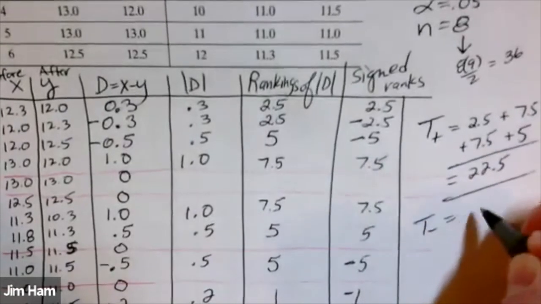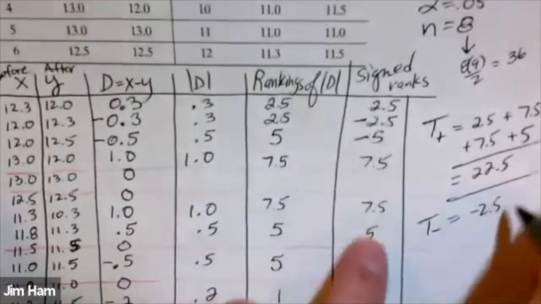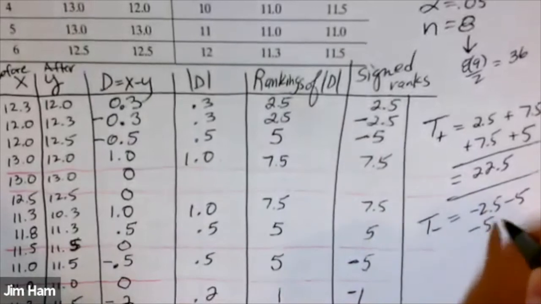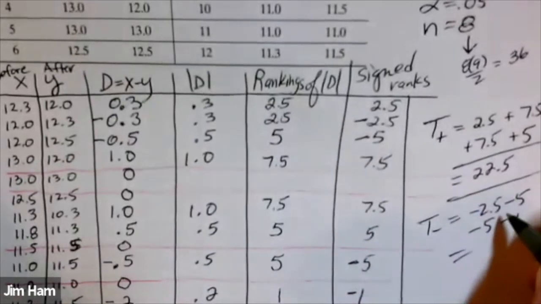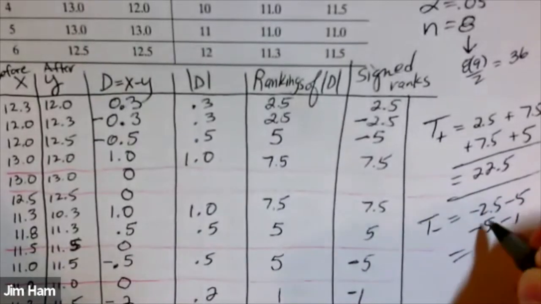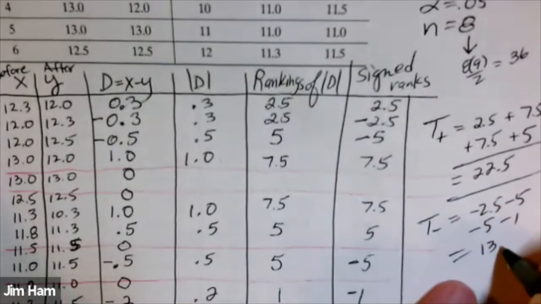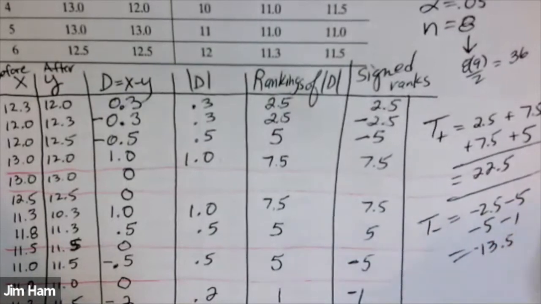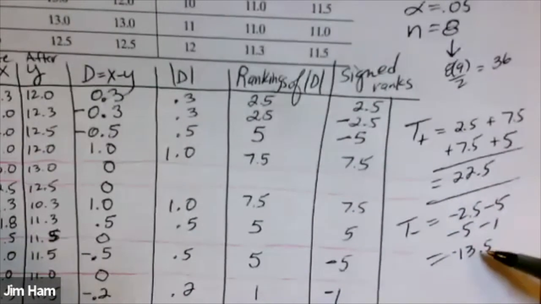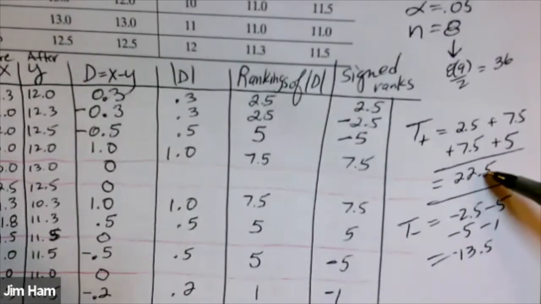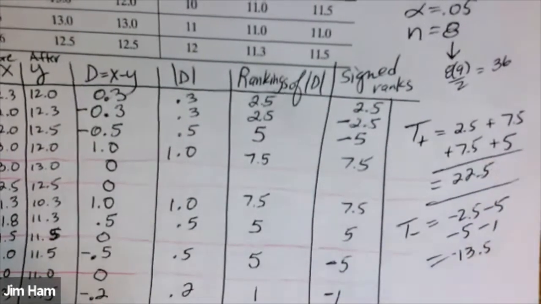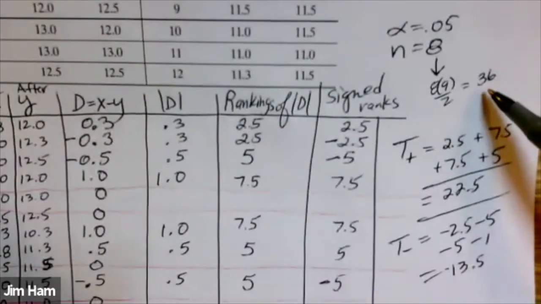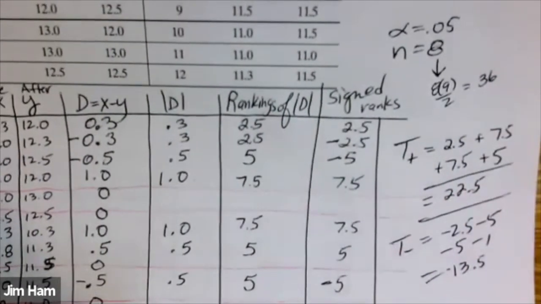And T minus, add the negatives: 10, 11, 12, 13.5. So negative 13.5. And if you convert this to a positive and add it with this, these two numbers add up to 36. So you can be sure at this point that you've added the rankings correctly.